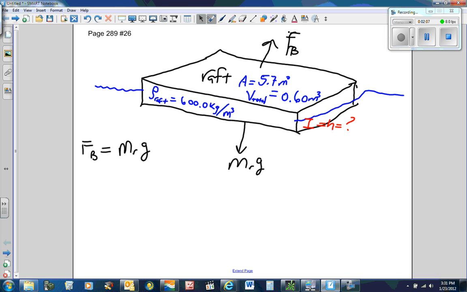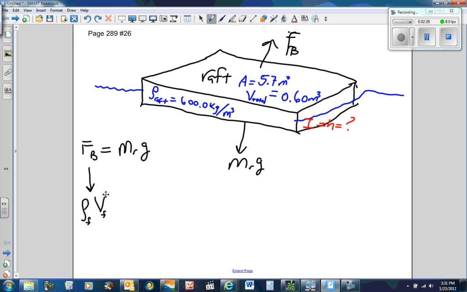So the question is, how do we find all this? Let's write down what equations we know. Again, we know buoyancy is the density of the fluid, which is water, so we know that, times the volume of the fluid displaced. We'll find out in just a minute.